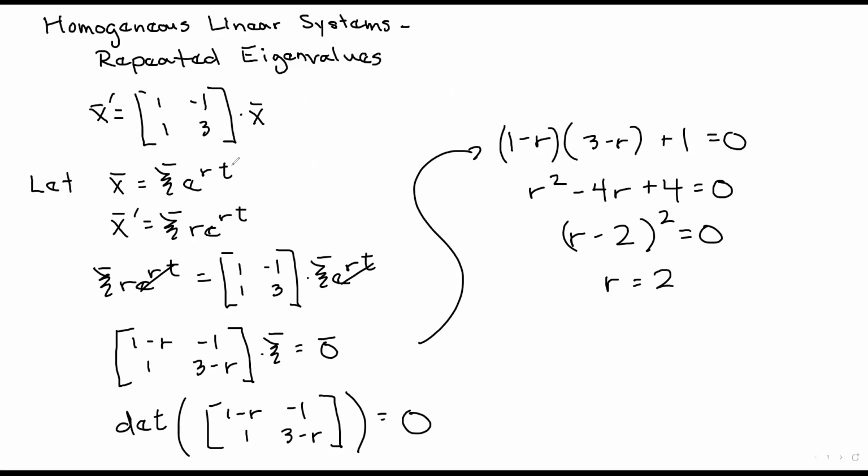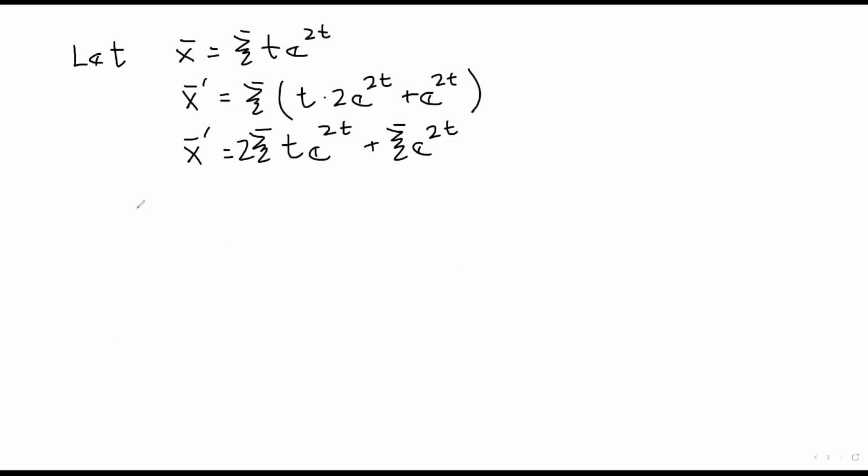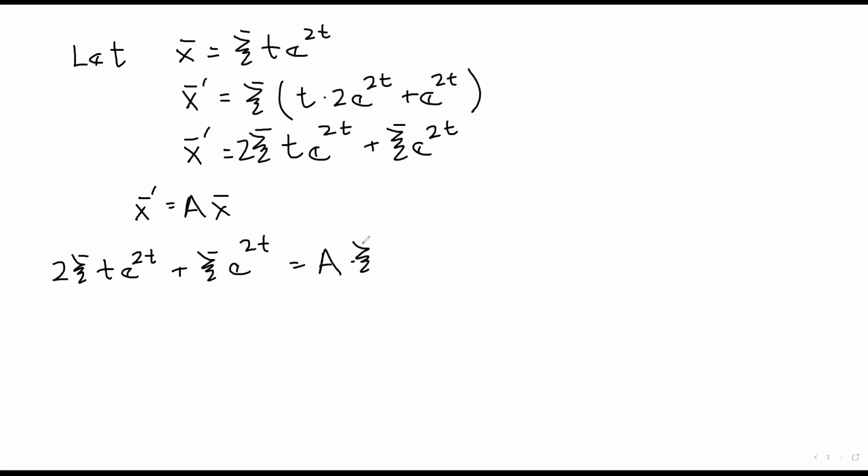Okay, and so just as a shortcut, rather than to kind of jump back and forth here, I'm going to go through and replace this with a, because what we're going to find is that we're going to have a problem. All right, so let's say that we had x prime equals ax. Okay, so we're just not going to put the a in because it's just to save space. If we did that, x prime is going to be 2 xi t e to the 2t plus xi e to the 2t, and then we would have a times x, which is xi t e to the 2t.